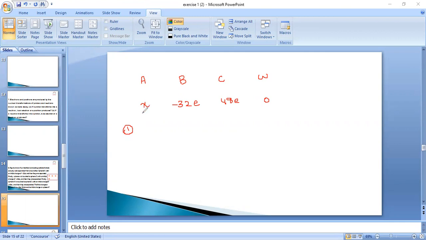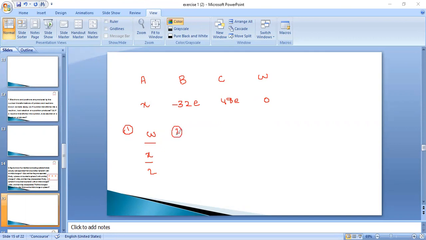I considered the charge on A as X and the charge on W as 0, so the total charge will be X plus 0, shared equally between A and W. That means the charge remaining on W is only X by 2.